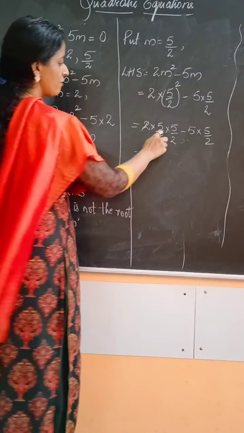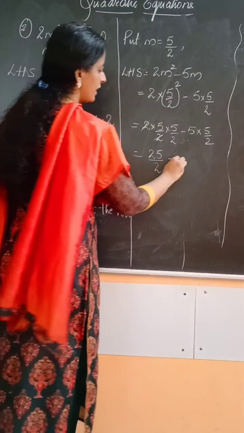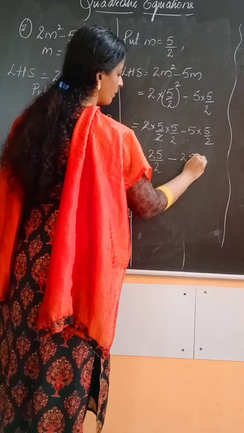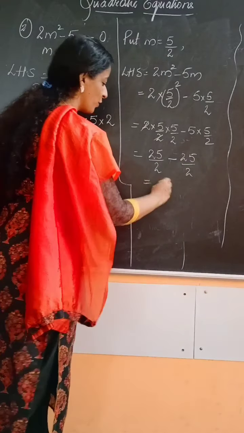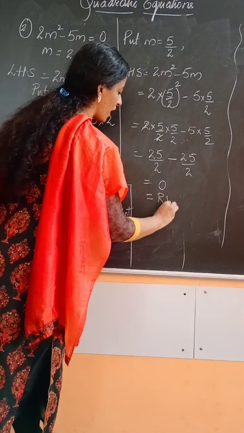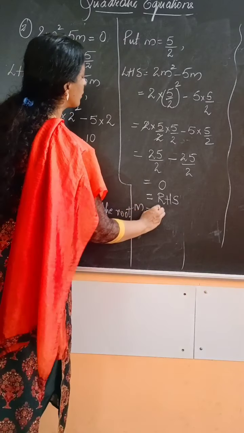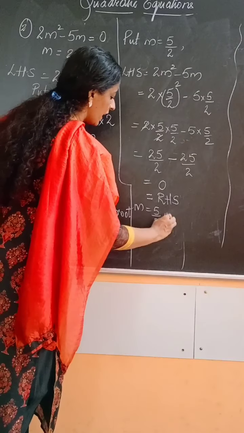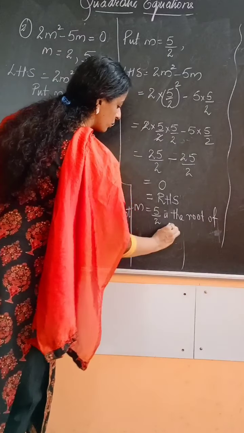So I am getting 5 5s are 25 upon 2, and 5 5s are 25 upon 2. 25 upon 2 minus 25 upon 2 is 0. Yes. So we are getting it as RHS. So equal to RHS. That means m is equal to 5 upon 2 is the root of the equation.